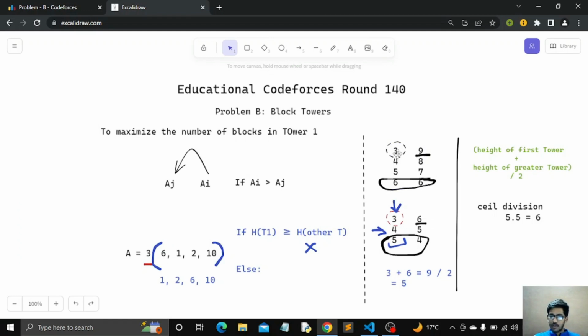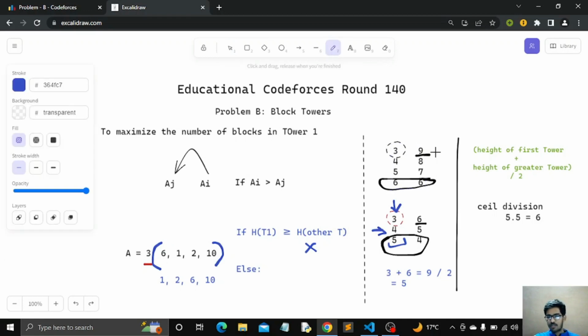If the height of the first tower is 3 and the height of the other tower is 9, and we start performing this given operation, the updated height of the first tower will be 6. We will be performing this operation as long as the height of the first tower is less than the height of the other tower. So after performing this operation, we will end up with heights 6, 6.